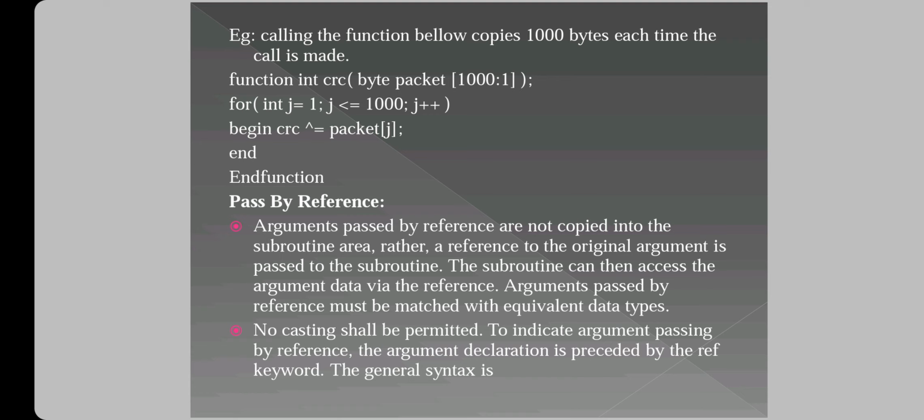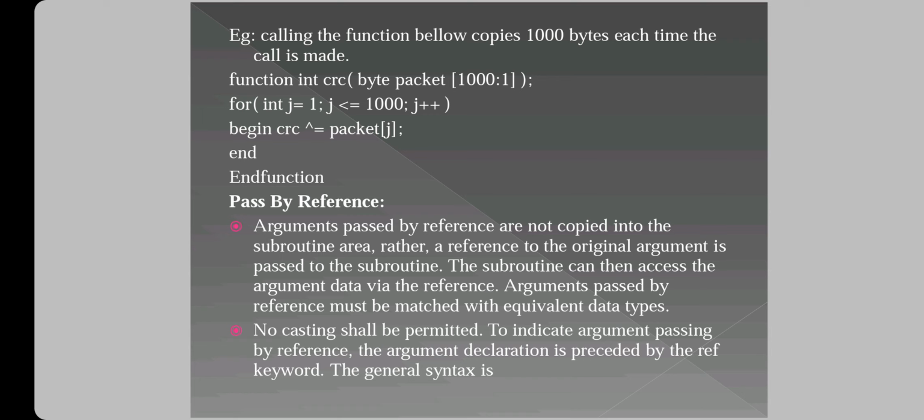So you have a CRC function which accepts a packet of byte type, 1000 down to 1, and in a for loop, int j equal to 1 and j less than or equal to 1000, you are incrementing the j, and you are calculating the CRC here, CRC exclusive or the packet in function. So calling the function is going to copy the 1000 bytes each time the call is made.